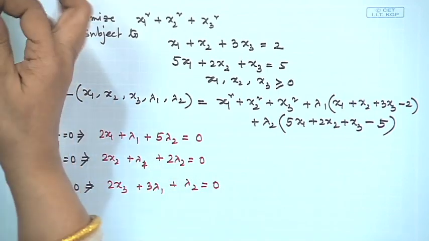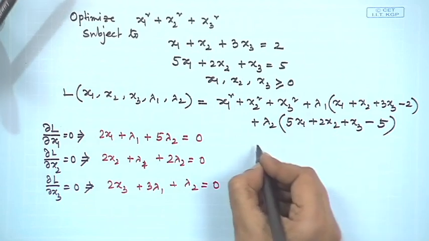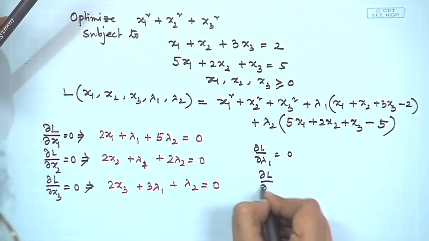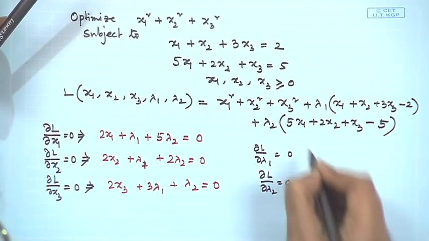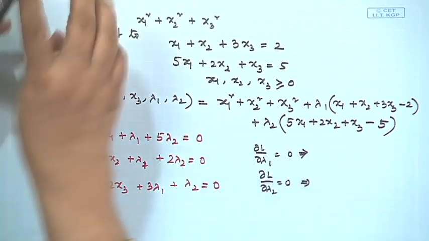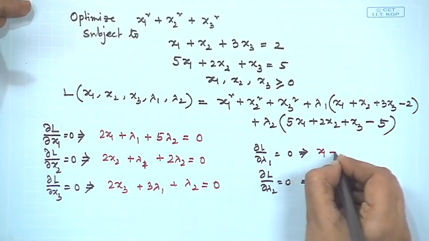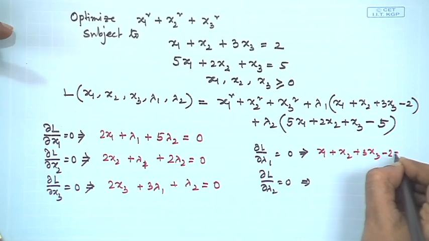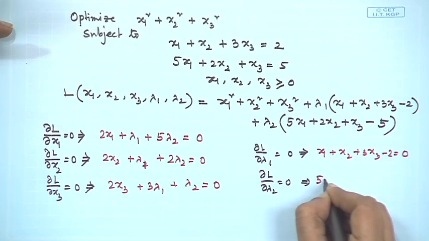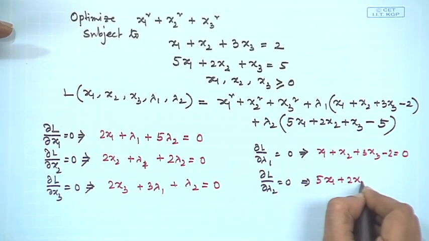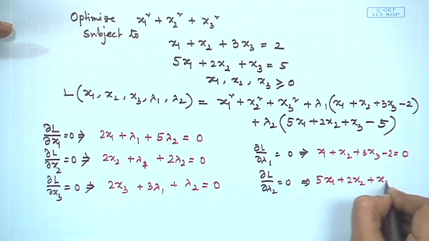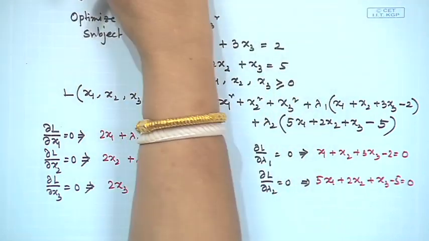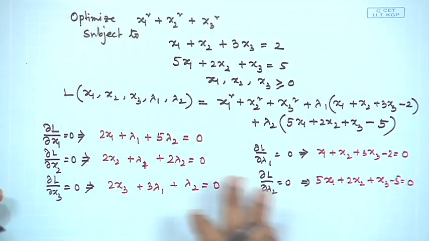And we have another two by considering del L by del lambda 1 equal to 0 and del L by del lambda 2 equal to 0, which give the constraints x1 plus x2 plus 3x3 minus 2 equal to 0 and 5x1 plus 2x2 plus x3 minus 5 equal to 0. We have 5 equations and 5 unknowns for this problem.